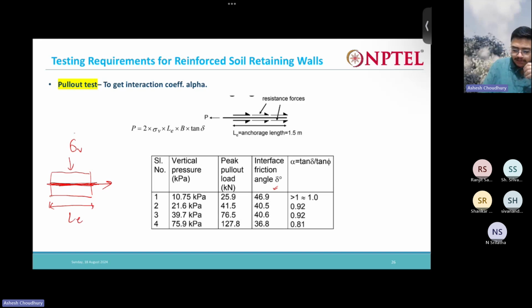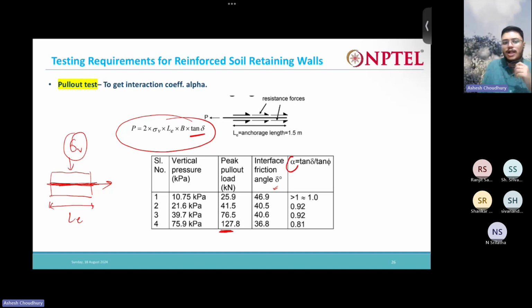We do it at various vertical pressures. Obviously, if the vertical pressure increases, the peak pull out load will also increase, and then we can put that in this relation and find out tan delta, and from there the alpha, which is nothing but the interaction coefficient.